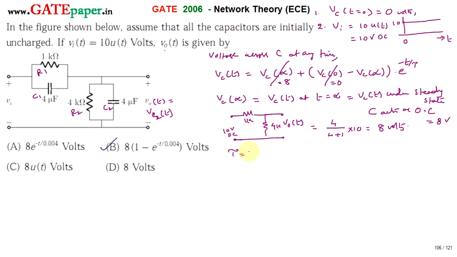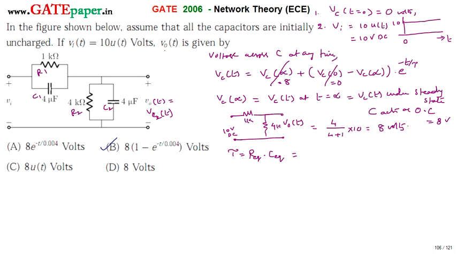Tau is written as R equivalent into C equivalent. R equivalent can be calculated by short circuiting the input voltage and removing the capacitors, because we are only calculating the equivalent resistance across these two terminals, so we consider resistances and ignore all other elements.